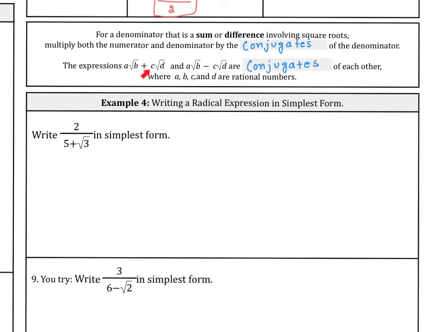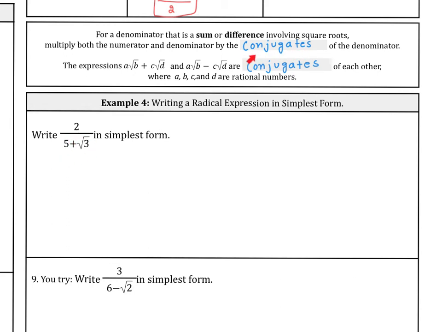So if you have a square root term like that, and you change the sign of the center term, making the positive to negative, then they become conjugates of each other, where a, b, c, and d are rational numbers.